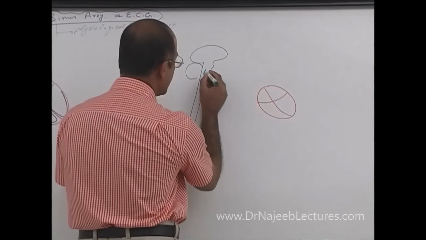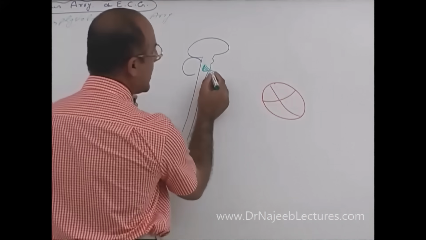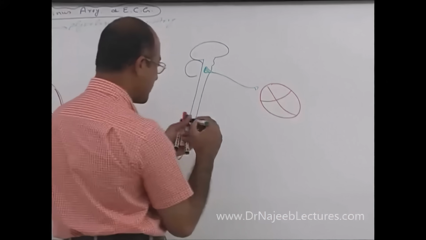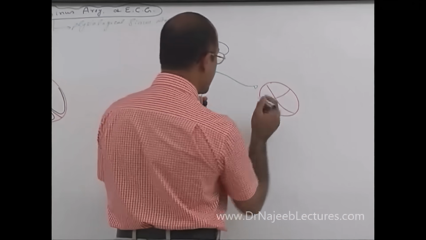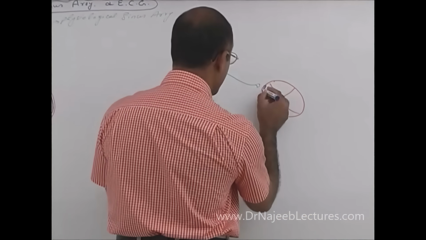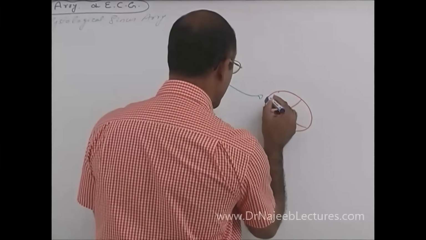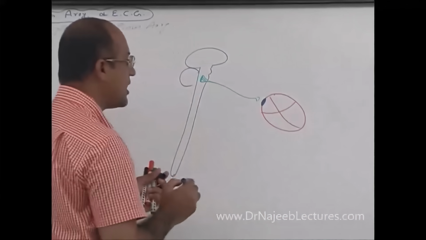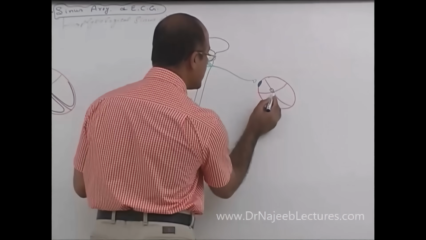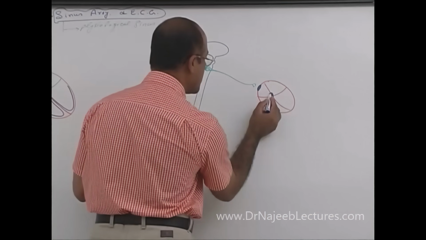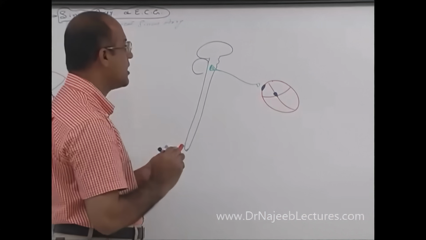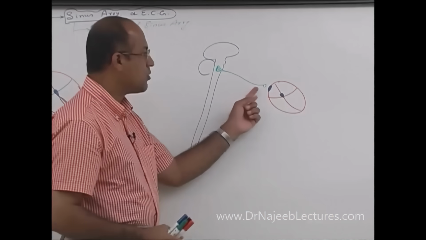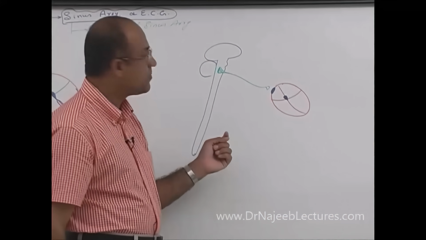From the medulla, this is the vagal outflow, and the vagus, more accurately, influences the activity of the SA node as well as the AV node. Right now we will concentrate on the relationship between the vagus and the SA node.